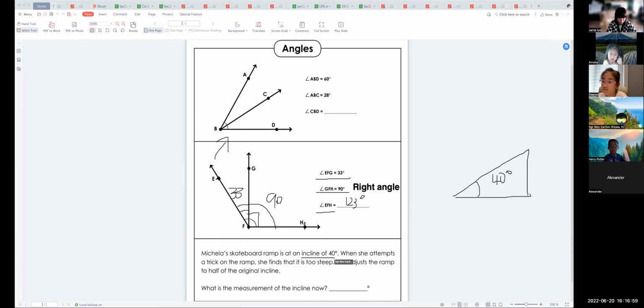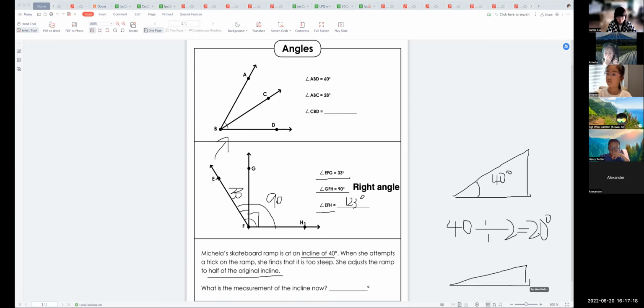What is half of the original incline? We just divide by 2, because half. So you'll get 20 degrees, and it will look something more like this, instead of that. So 20 degrees is the measurement of the incline right now.